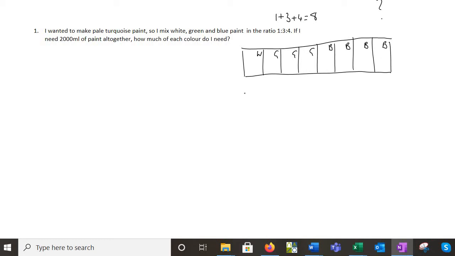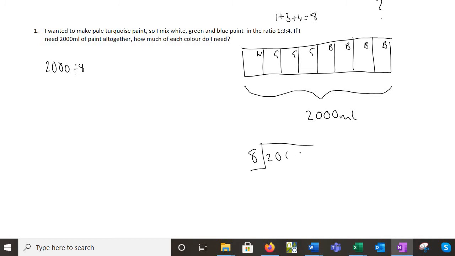And all together it's telling me that's 2,000 millilitres. So I need to split that 2,000 millilitres into 8 to work out what's in each part. So 2,000 divided by 8, who knows what that is in our head. So let's do a sum.